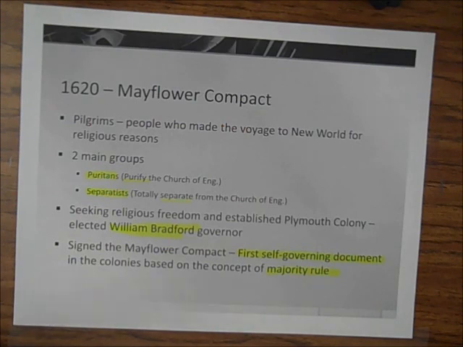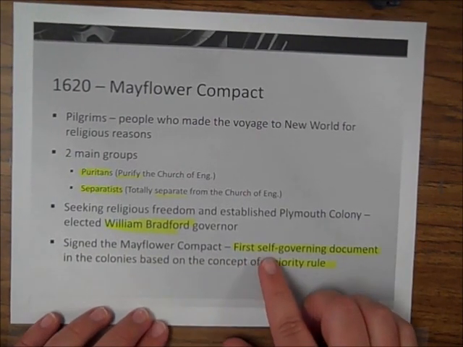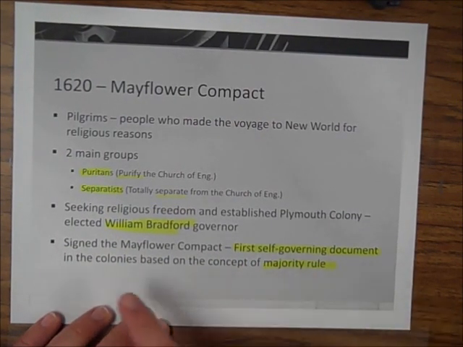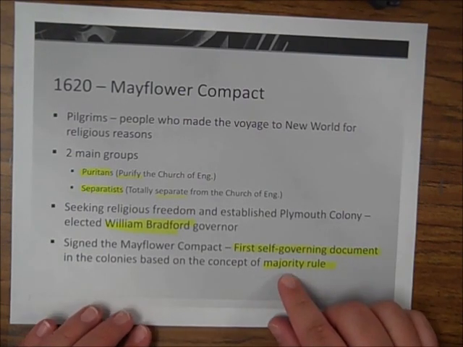Now, while there, they elected William Bradford as governor. But to do so, every man had to sign a document called the Mayflower Compact. Now, the Mayflower Compact was the first self-governing document in the colonies, based on the concept of majority rule.